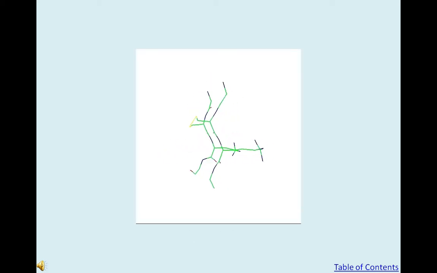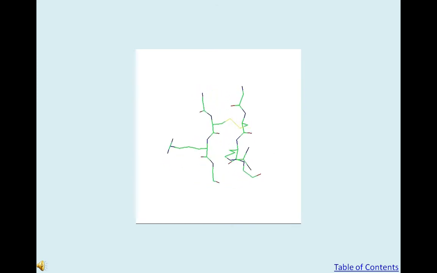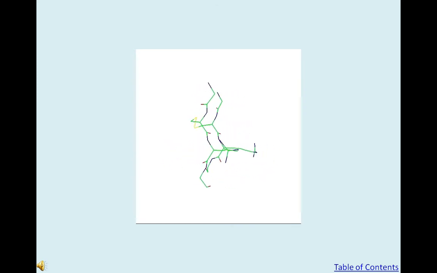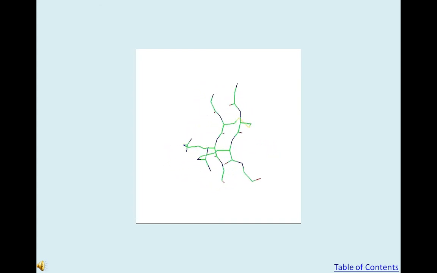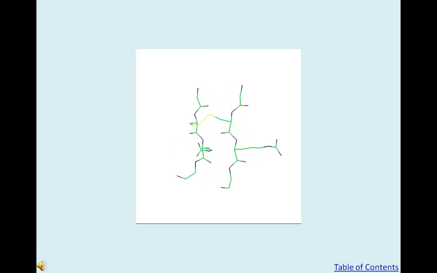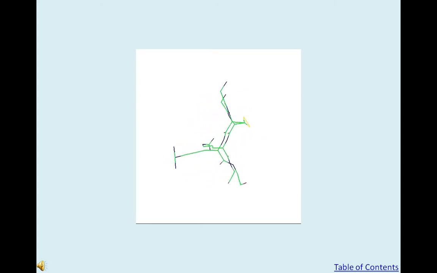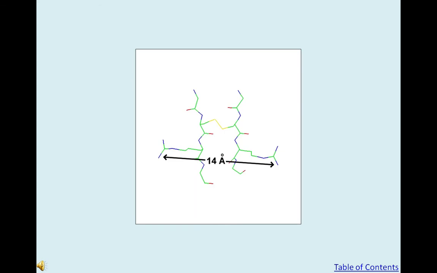Finding the second key DNA dimension in protamine, namely the 20 angstrom phosphate-to-phosphate cross-duplex distance, is a bit more subtle. At the spacing mandated by a standard disulfide bond, shown here in yellow, the distance between guanidinium groups of a pair of fully extended arginine side chains in the protamine dimer is 14 angstroms.